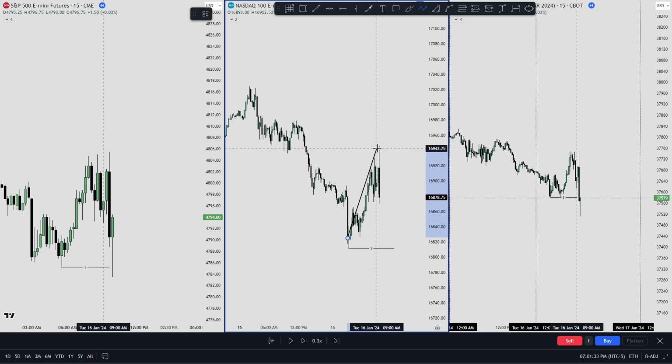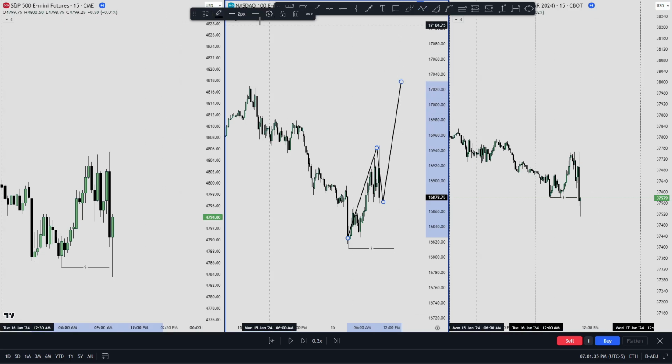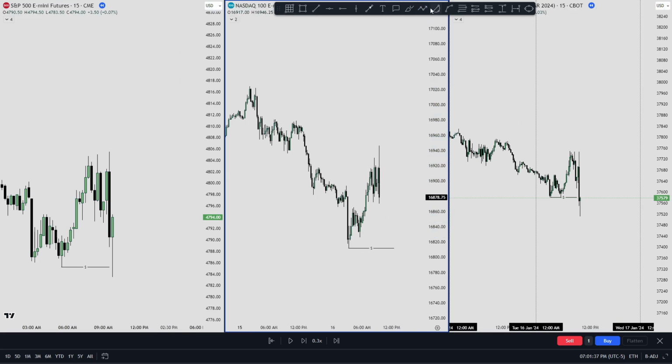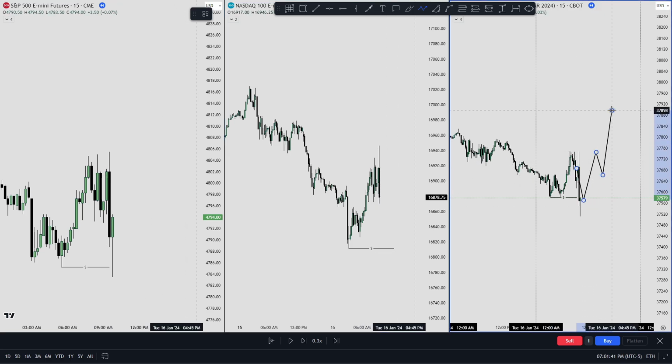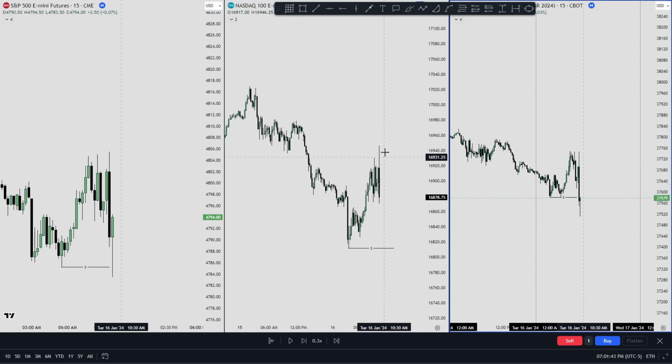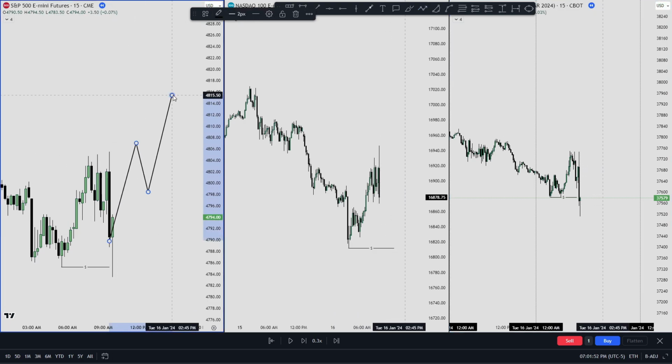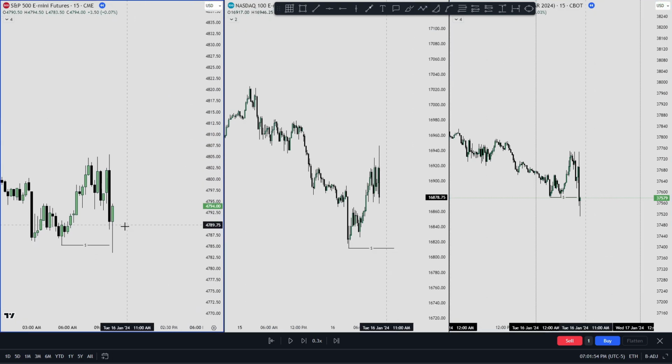NASDAQ is bullish, and since NASDAQ is bullish, if we can find support here on the Dow Jones to push higher, then I can be confident taking longs on ES, which is exactly what happened. So we came lower on ES, took out this low.